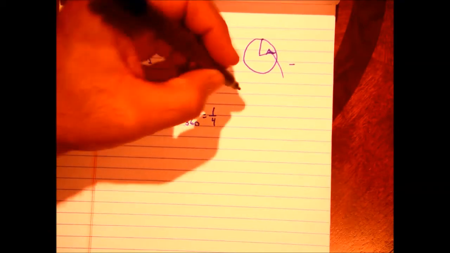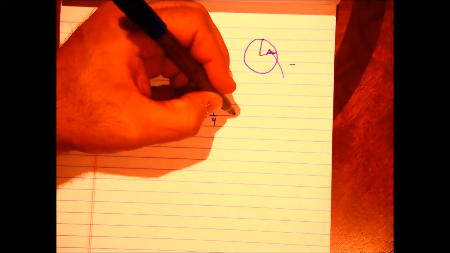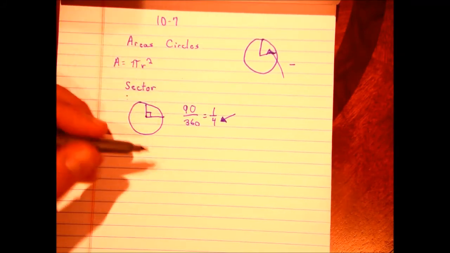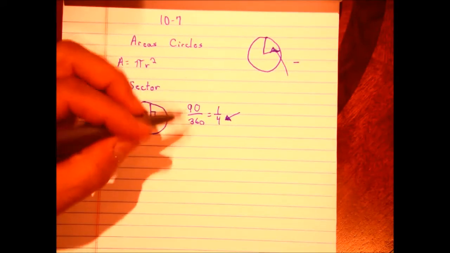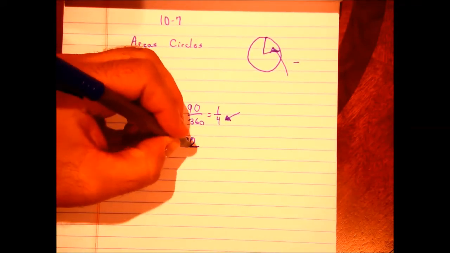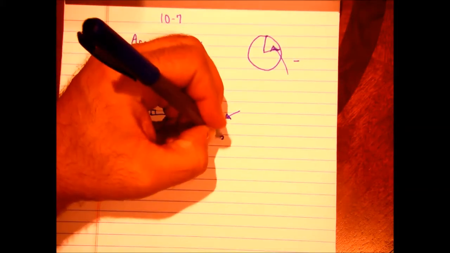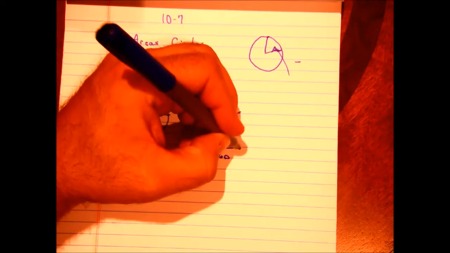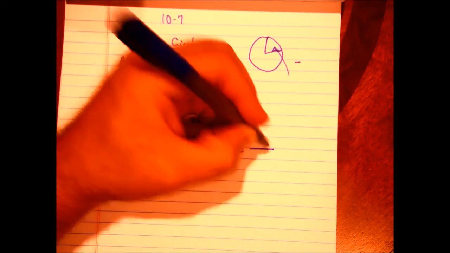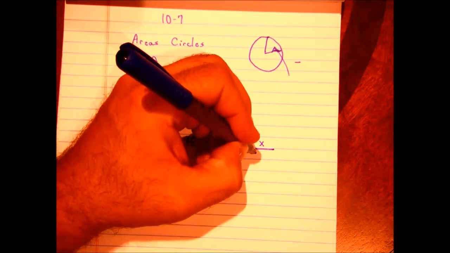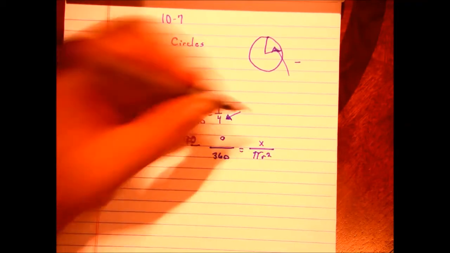When we did the length, we put the circumference on the bottom. So when we're doing the area, we put the area formula on the bottom. This formula is used a lot. I'll put a degree over 360 because that's still in the bottom, equals, and then you're looking for a piece, which is usually x, over pi r squared.